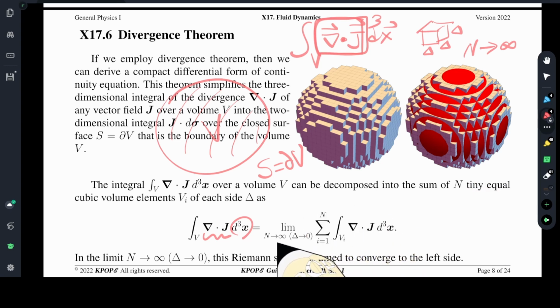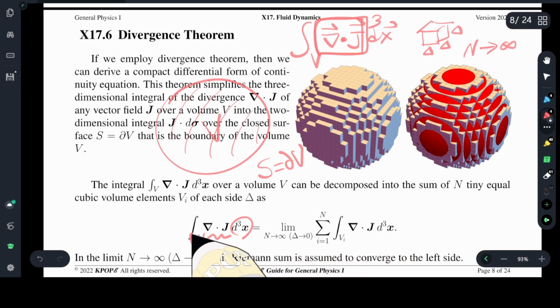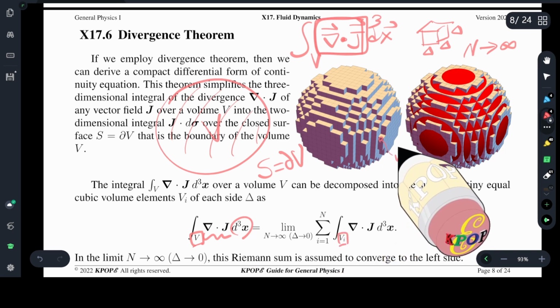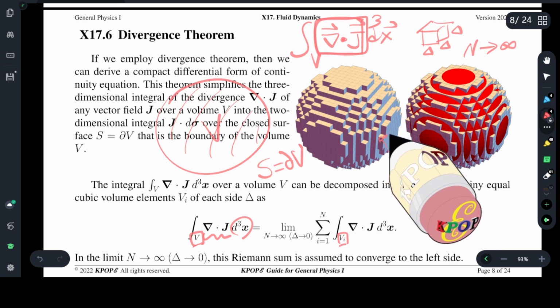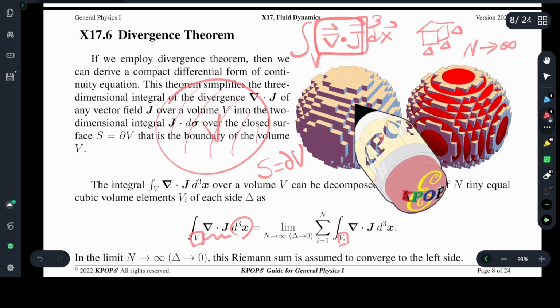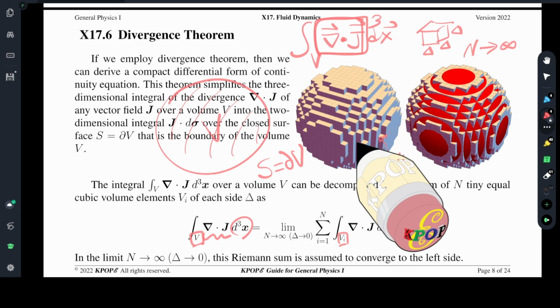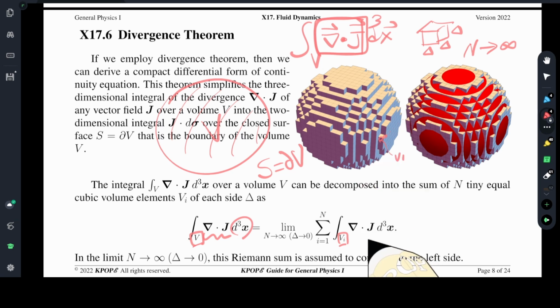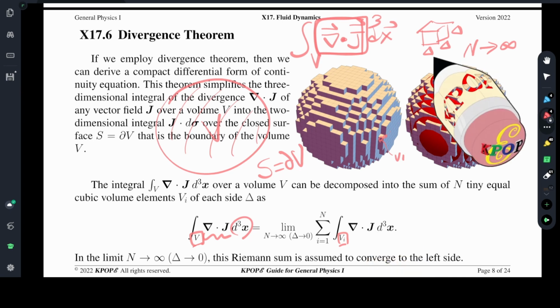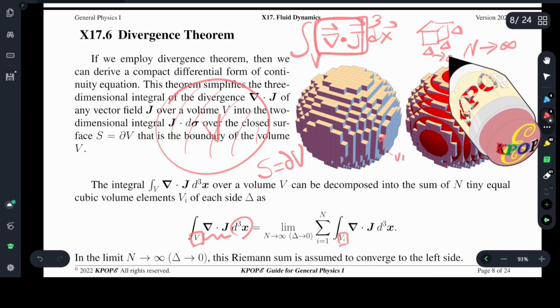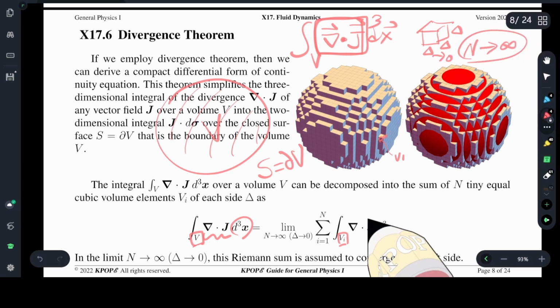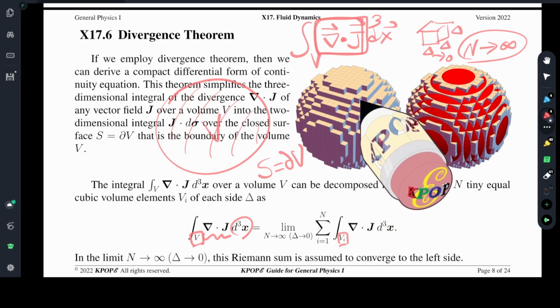So let me divide this volume V into many pieces, Vi: V1, V2, V3, V4, more than a thousand, a million, or whatever. As large a number as possible, with delta going to zero and the number going to infinity, and the surface becomes smooth.